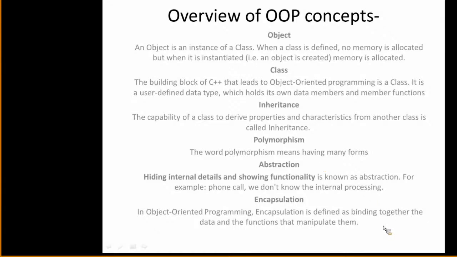Yes. Can you see the screen? Respond. So, I told you what inheritance is. I'll tell you again. The capability of one class to derive the properties of another class is called inheritance.